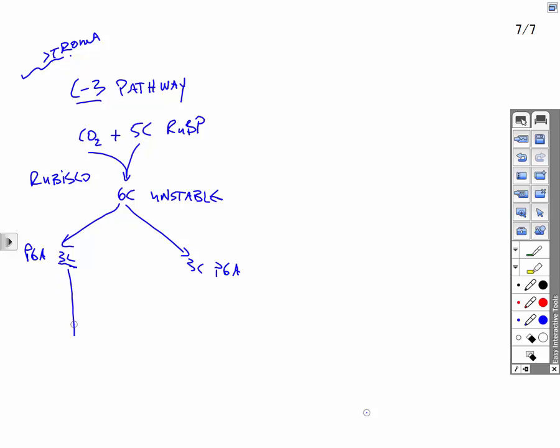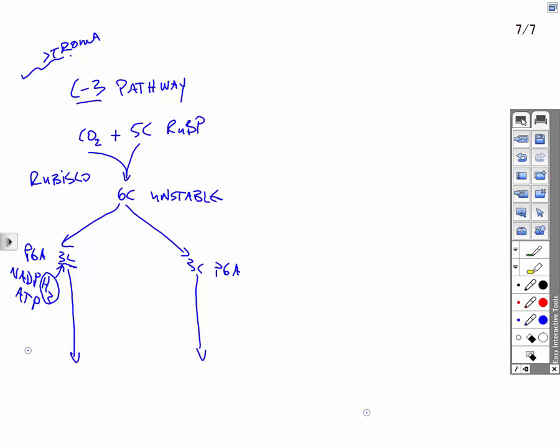Now, at this point, we're going to use the products that we produced in the light-dependent reactions. We made actually 2 things: NADPH2, so we stuck some hydrogens on a carrier, NADP, and we also made some ATP. We made some energy. This is why we made that, because I want to take these 2 hydrogens and put them on that 3-carbon molecule.